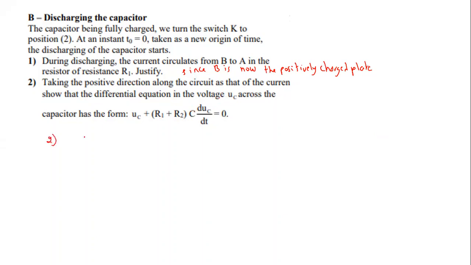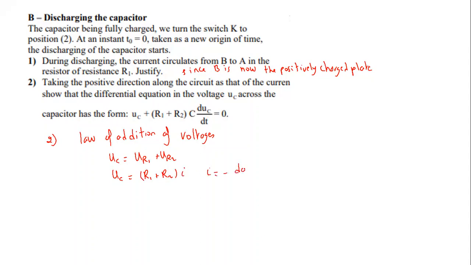So in order to find the differential equation, we'll use also the law of addition of voltages. But now we have UC equal to UR1 plus UR2, which means that UC is equal to R1 plus R2 times I, where we have I equal minus dq over dt, it's discharging, so minus c duc over dt.